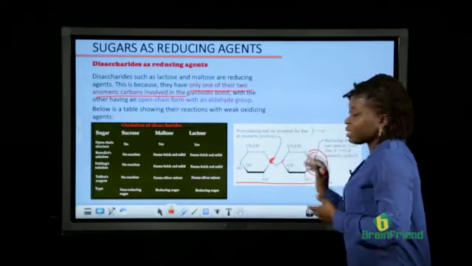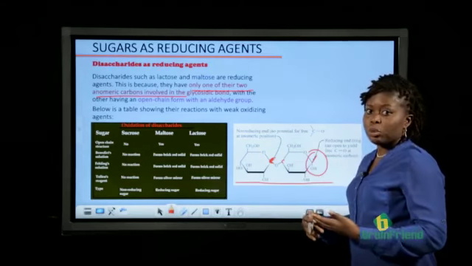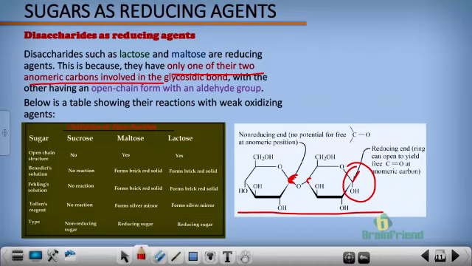Because this gives it the ability to exist in an open chain form. Okay? So, because it can do that, and it contains an aldehyde or ketone group, it can actually serve as a reducing sugar. So just one of their anomeric carbons is involved in the glycosidic bond. This is what we call a glycosidic bond. With the other having an open chain form with an aldehyde group.